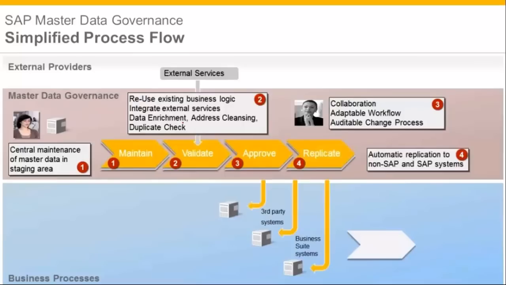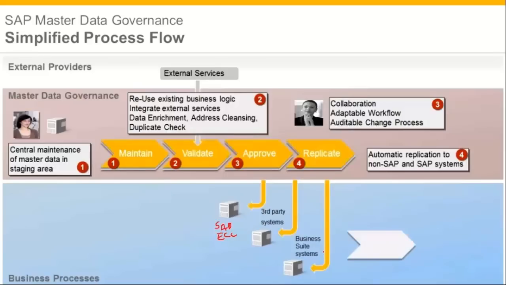Once it is approved, it will replicate the data back to the connected SAP systems. It may be non-SAP systems as well. It will send the data to the SAP ECC box, or it can send the data to third-party systems, or to some of the business suite systems.